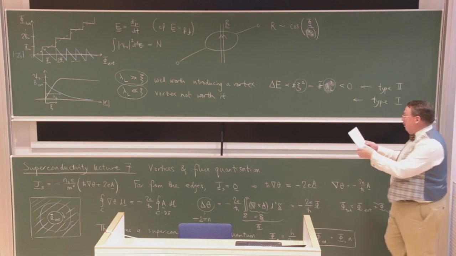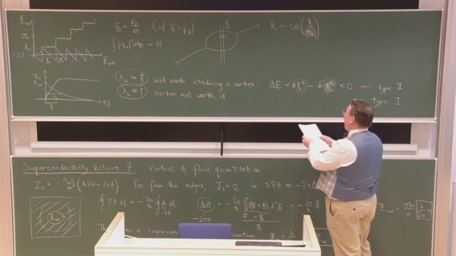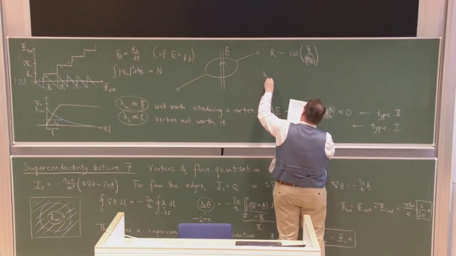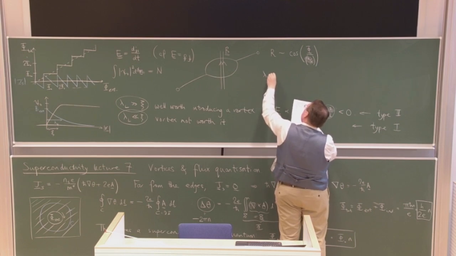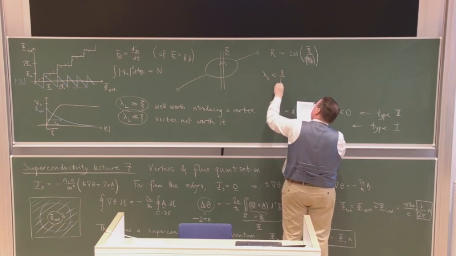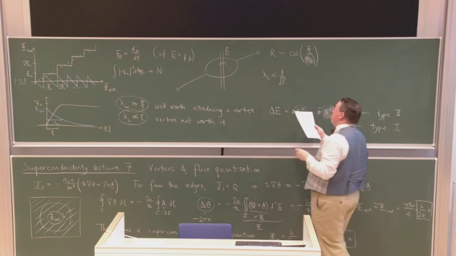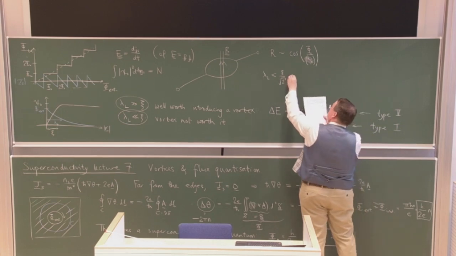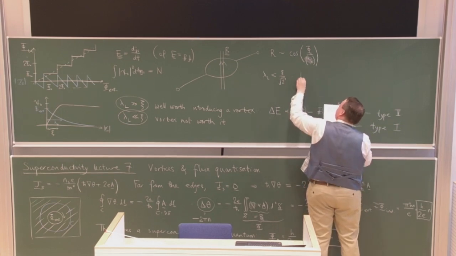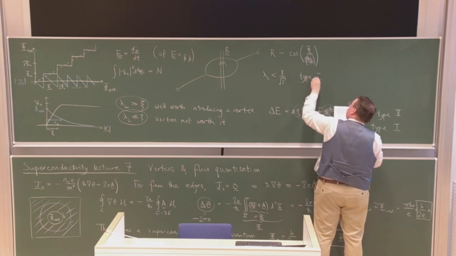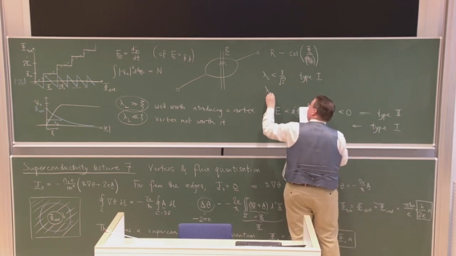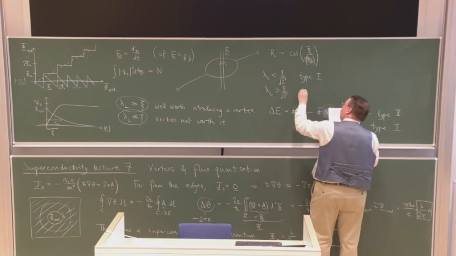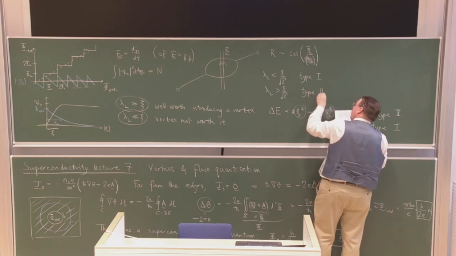And the actual difference in ratios is given by, it turns out there's a root 2 as these things are conventionally defined. So if the London penetration depth is less than the coherence length over root 2, your superconductor is type 1. If the London penetration depth is greater than the coherence length over root 2, your superconductor is type 2.